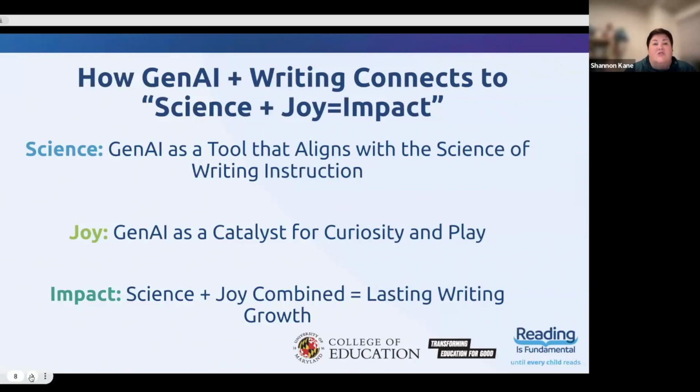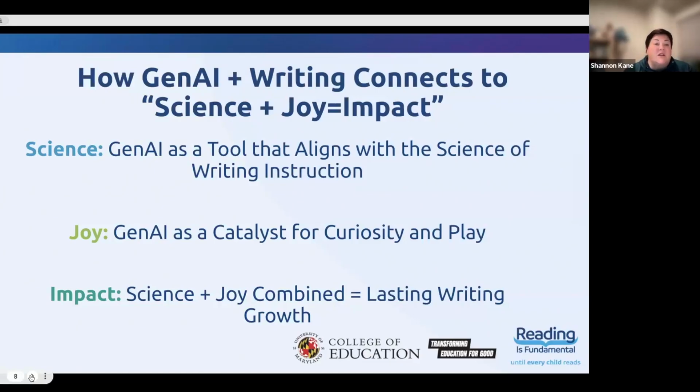It should be joyful, there should be choice. We want to give feedback, but that feedback should open up space as opposed to be prescriptive and shut down ideas, right? We want to lean into mentor texts, right? If we see really strong examples of writing, having our students copy that, imitate it, if you will, as they develop their own understanding of those specific strategies or approaches to writing is a great way for students to learn, right?